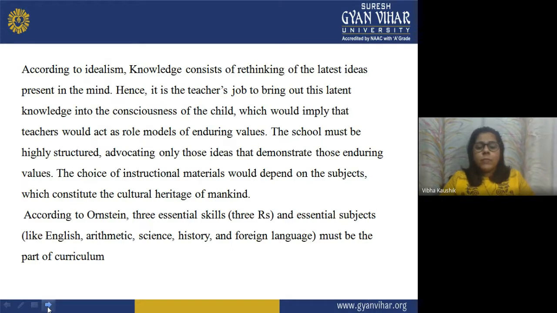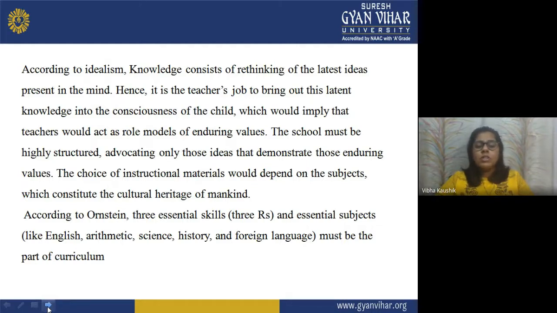The choice of instructional material, means the methods through which the instruction will be imparted to the student, would depend on the subject, which constitutes the cultural heritage of mankind. What type of instruction will be used by the teacher depends on what type of subject he is teaching.